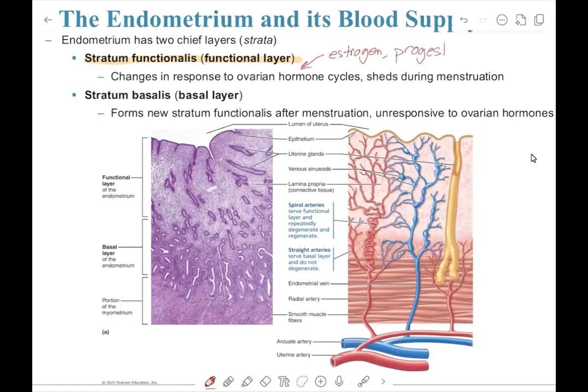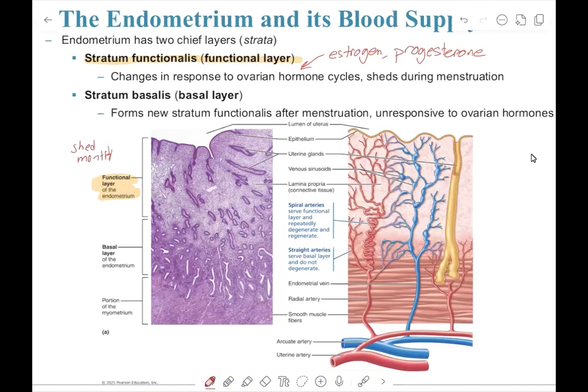So the goal here is that after menstruation happens, the functional layer will regrow to develop an eventual home for that zygote, which will become a blastocyst by that point. So the functional layer is the layer that is going to shed monthly.